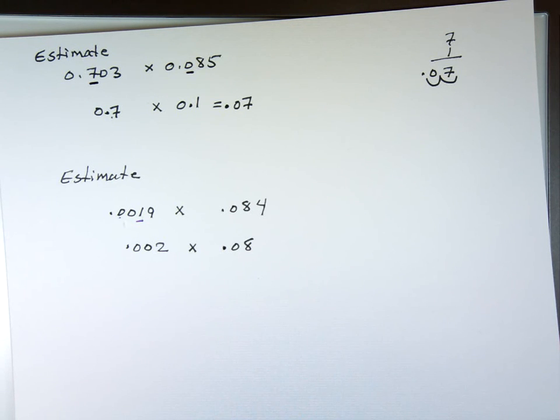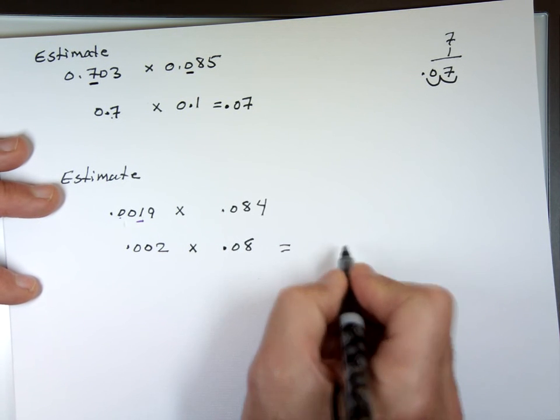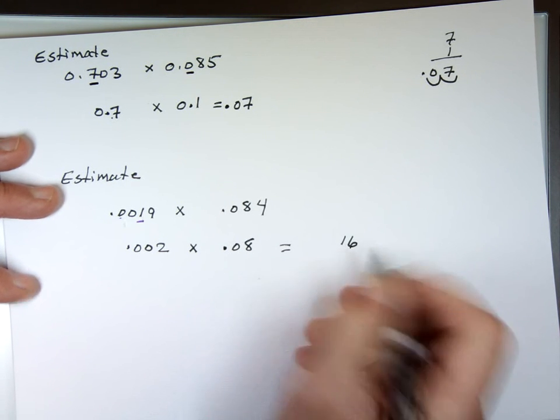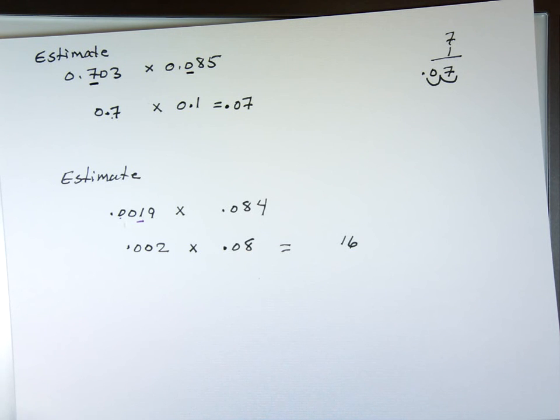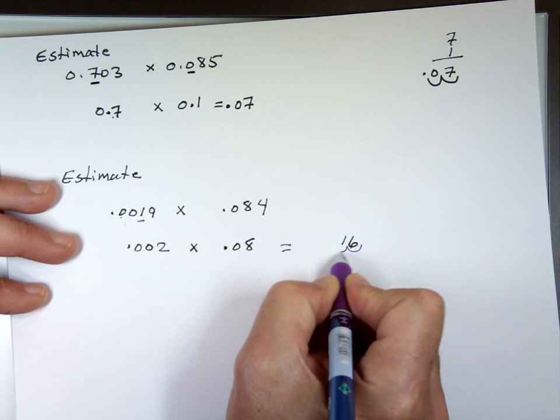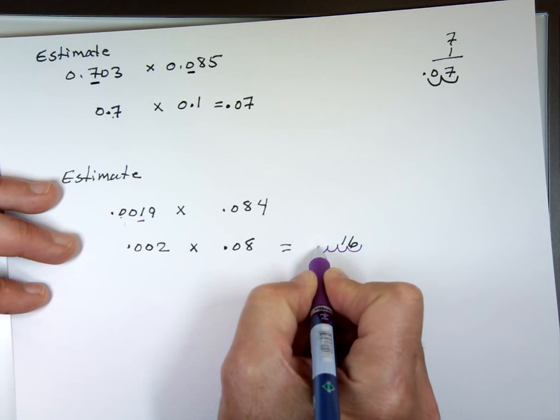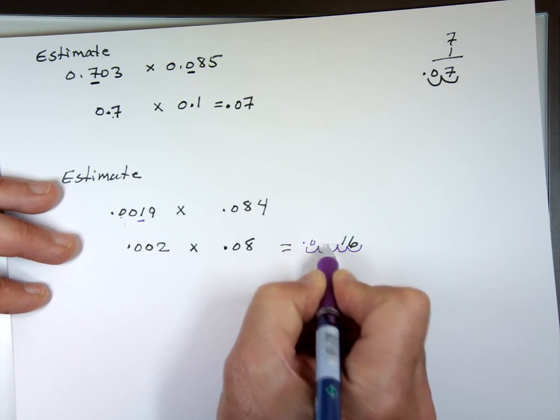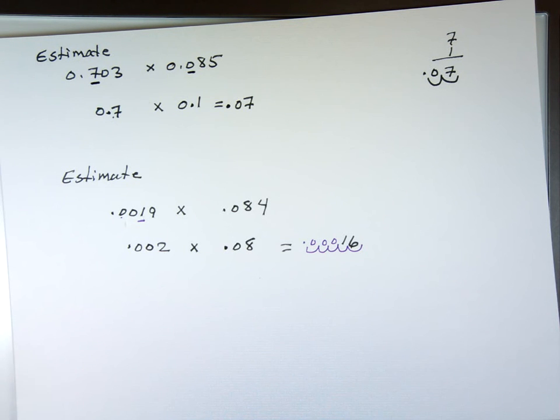We're looking for estimation. What's 2 times 8? 16, but you got to move the decimal point how many places here? 5. Start from the end and move it 5. 1, 2, 3, 4, 5. 0.00016.